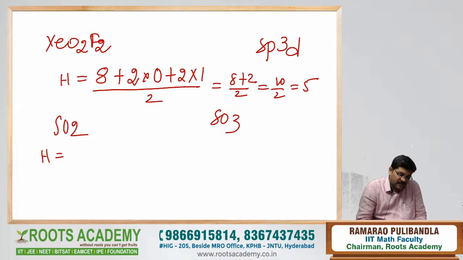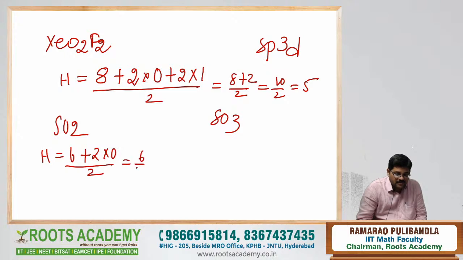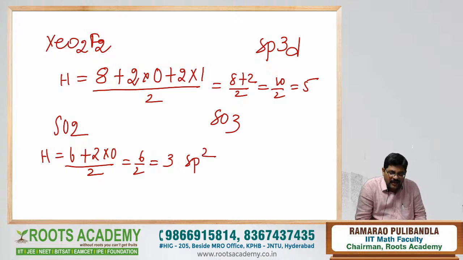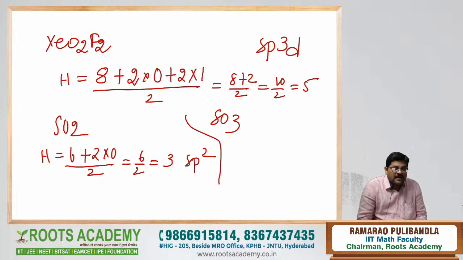So sulfur is 6, plus oxygen is able to form a double bond, 2 into 0, divided by 2. That means 6 by 2, which is equal to 3. Therefore, if the value is 3, sp2 hybridization is available because of the participation of 3 hybrid orbitals.